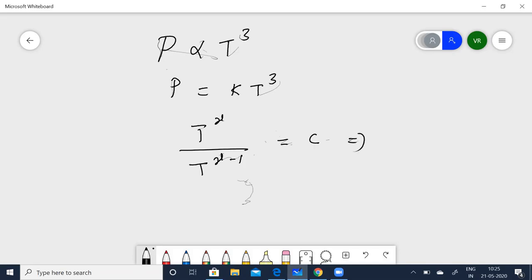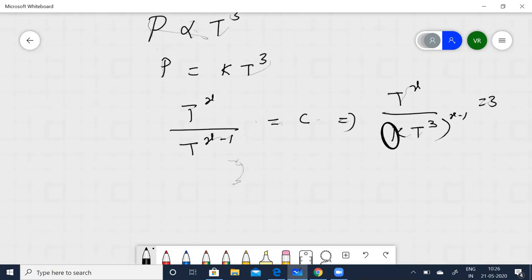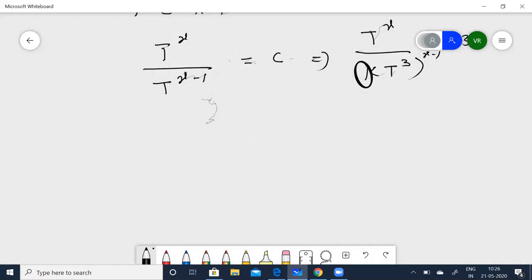So I can put it as K T cubed to the power of gamma, divided by T to the power of gamma minus 1, is equal to C. Or let me take this K to the other side. So T to the power of 3 gamma divided by T to the power of gamma minus 1 is equal to K to the power of gamma minus 1 times C.